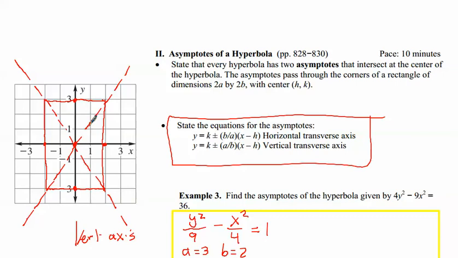Now we can write the equation for our asymptotes. It's centered at 0, 0, so it's going to be y equals plus or minus, there's a positive and negative slope, same slope but just a change in sign, 3/2 x. Those are the equations of the asymptotes.